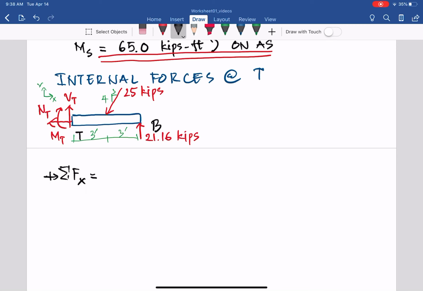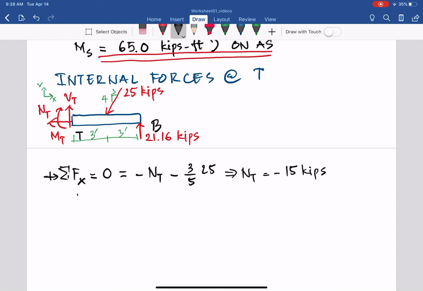Assume going to the right is positive, so you will have negative NT because it goes left, and negative 3/5 times 25. So from that we can have NT equal to negative 15 kips.